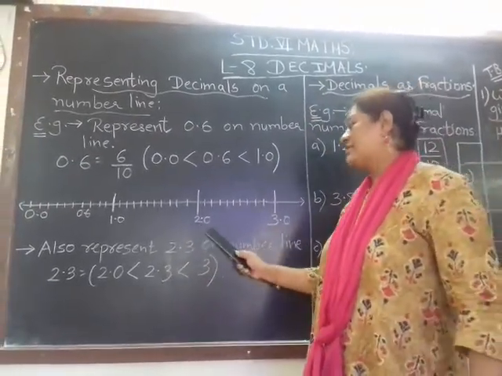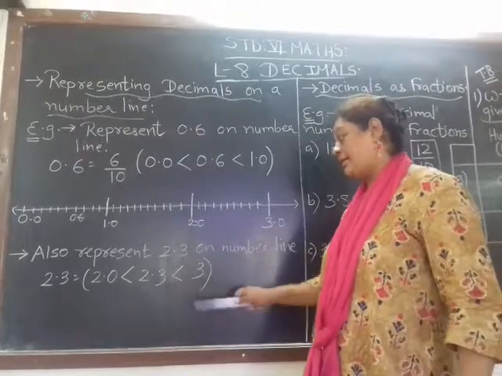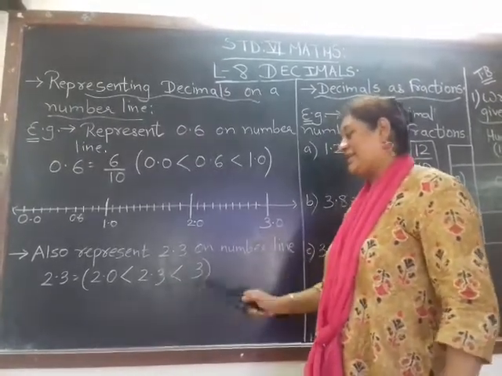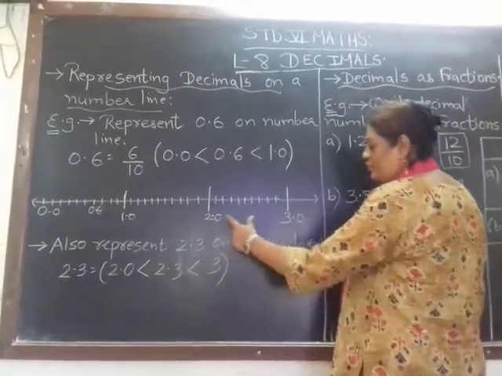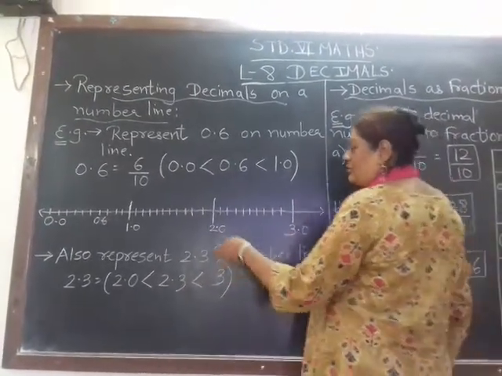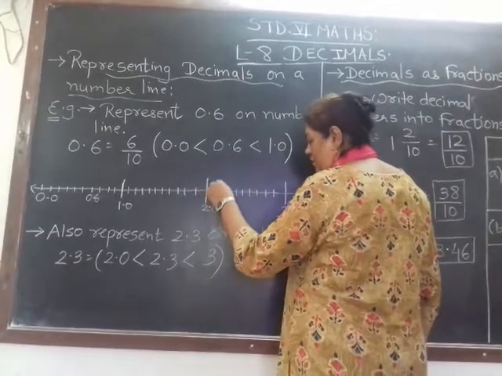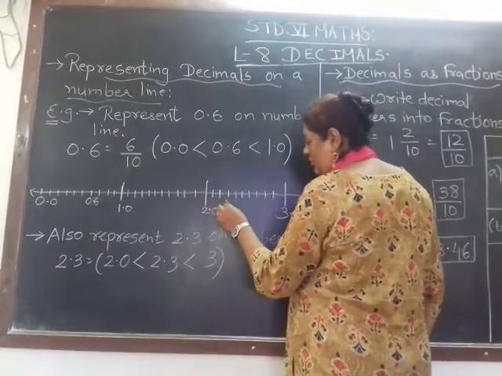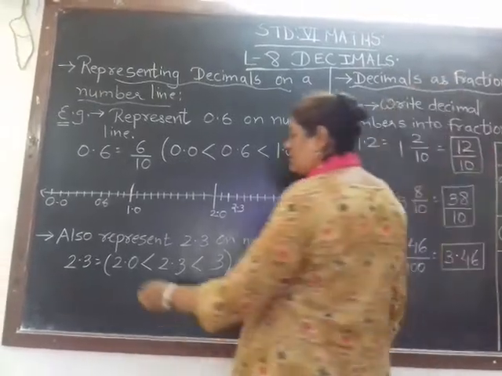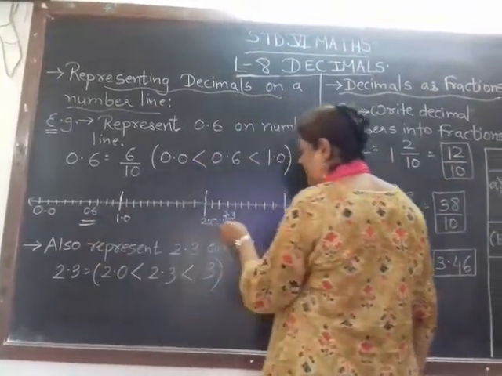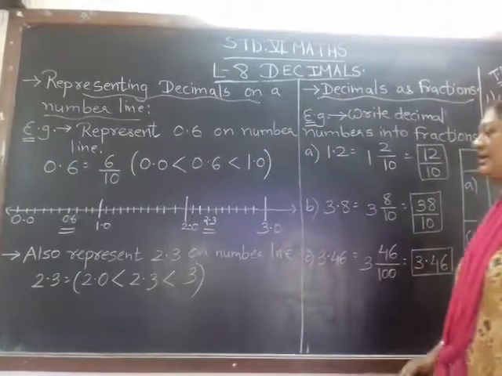So 2.0 is smaller than 2.3, but 2.3 again is smaller than 3. So this 2.3 will come in between 2 and 3. So where 2.1, 2.2, 2.3. Is this clear?